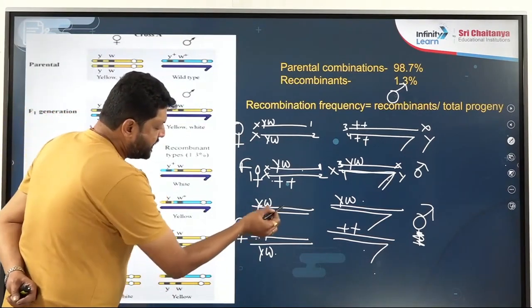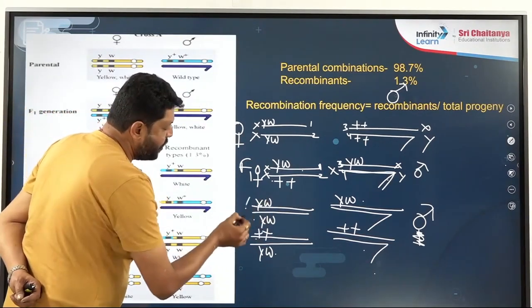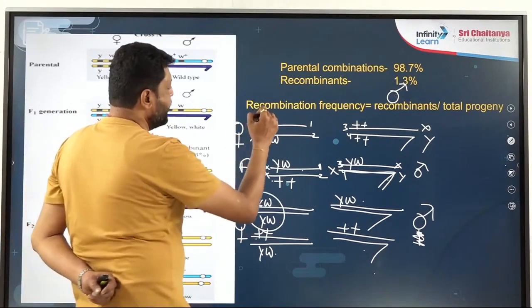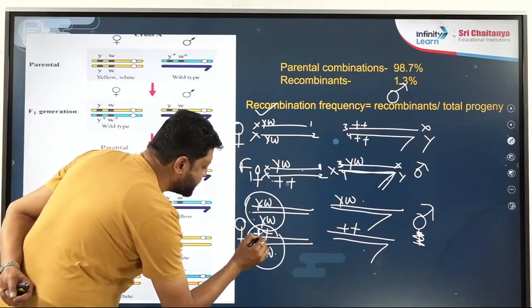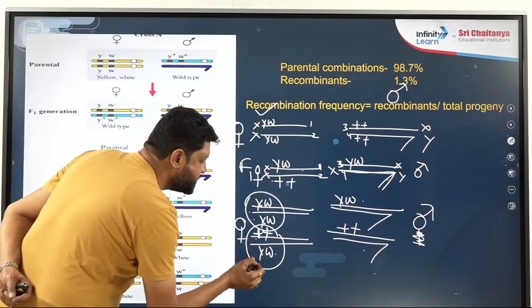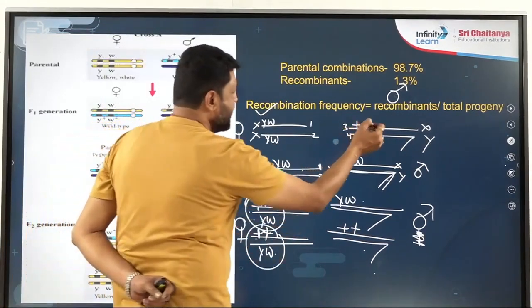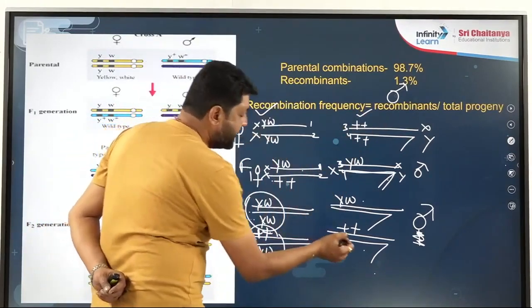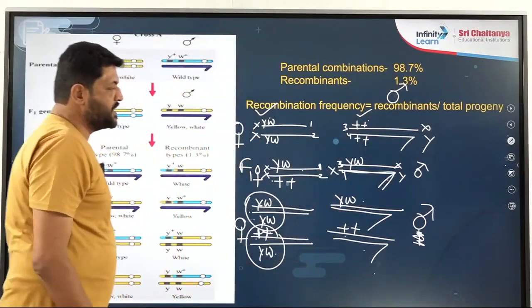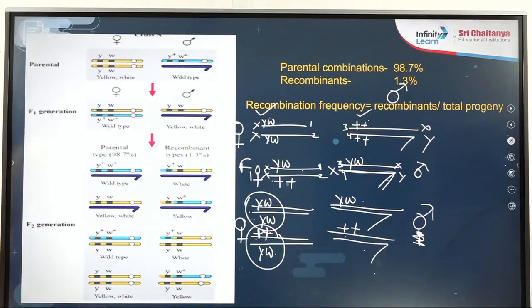So what is the phenotype of this? Yellow white. And because of the plus, this became wild type. What is this? Yellow white. What is this? Wild. These are called parental combinations, which appear like one of the two parents.